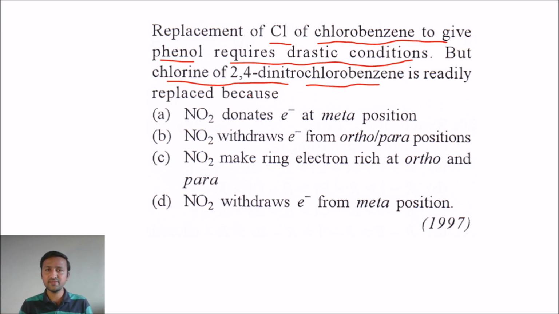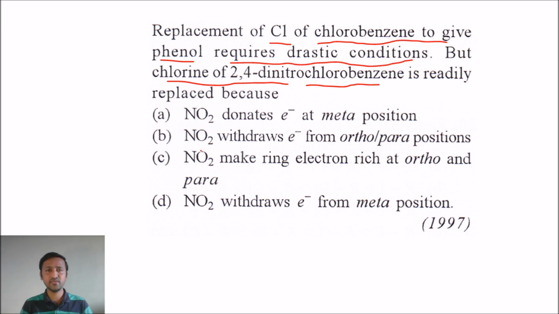Replacement of chlorine of chlorobenzene to give phenol is a nucleophilic substitution reaction. If we take chlorobenzene with sodium hydroxide, we get formation of phenol, but that requires drastic conditions. If you go on adding electron withdrawing groups such as NO2 in ortho and para positions, it increases the reactivity of haloarenes towards nucleophilic substitution reaction.